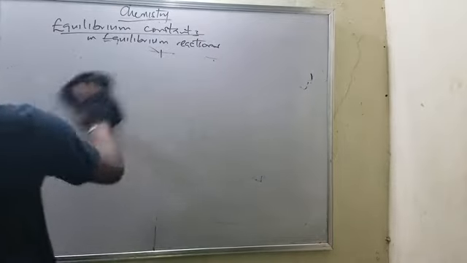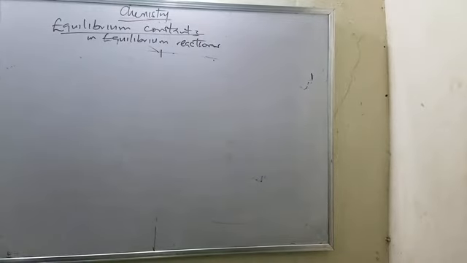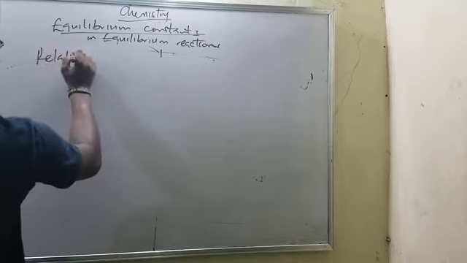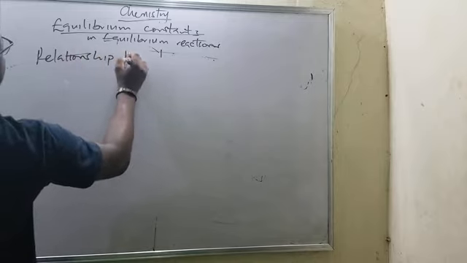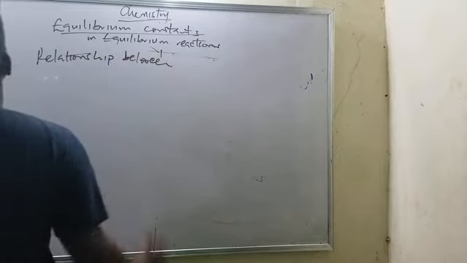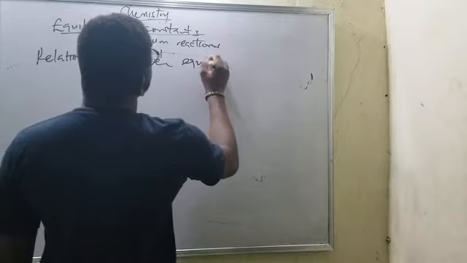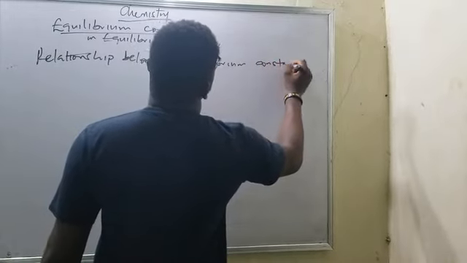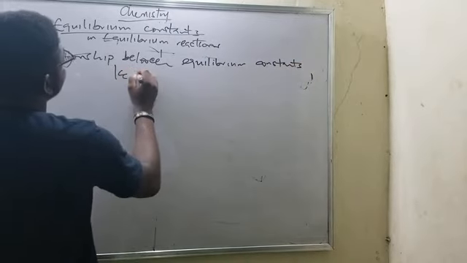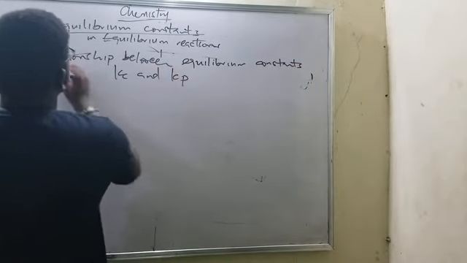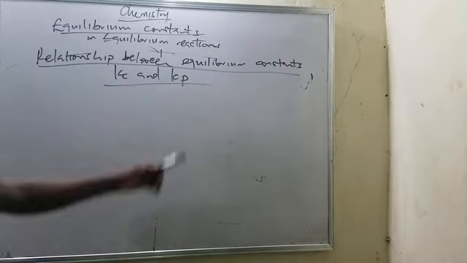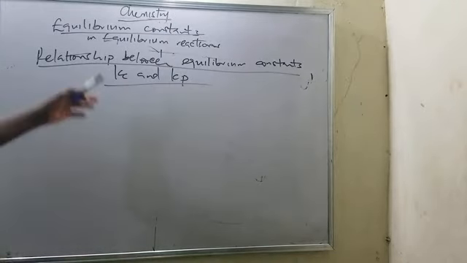So the next thing we'll be talking about, we'll be deriving an equation that shows the relationship between the equilibrium constants Kc and Kp. You must have seen this before in some textbooks where you are using Kp, and some where you are using Kc.